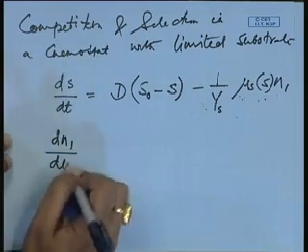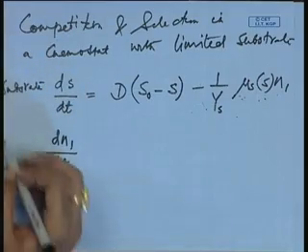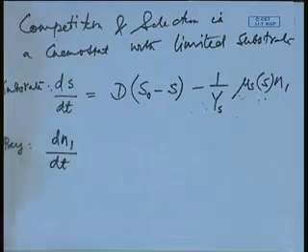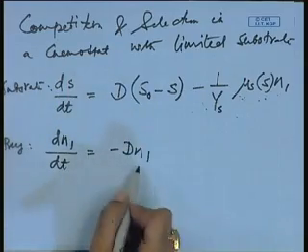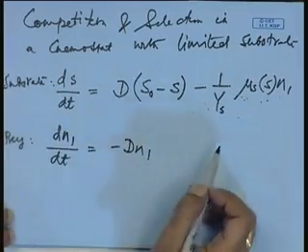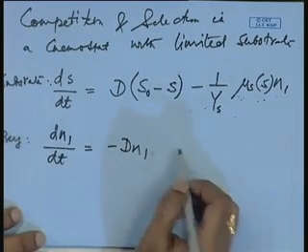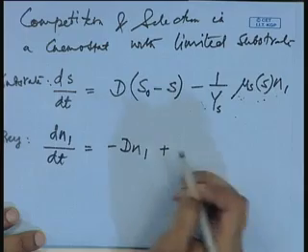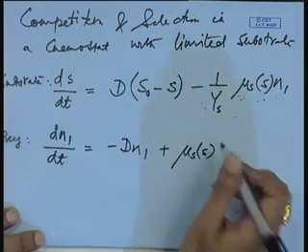So, this is the substrate and this is the prey. dN1/dt equals minus D N1. This is essentially the exit term, because of the dilution rate, plus mu S as a function of S times N1.